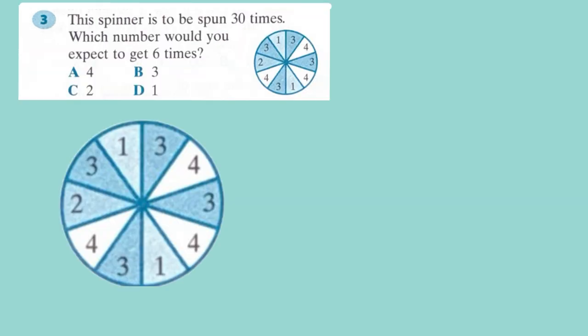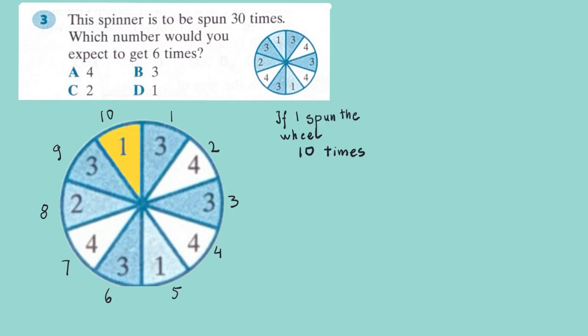This spinner is to be spun 30 times. Which number would you expect to get 6 times? So I'm going to count the number of sections in this spinner first. Okay, so there are 10 sections over here. If I spun the wheel 10 times, then because I have 1 and 1, only 2, I would expect that number 1 to come up twice.